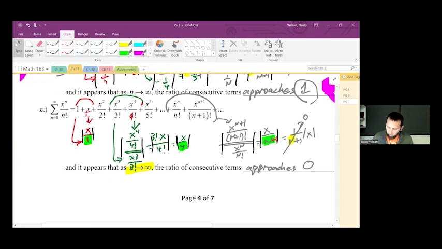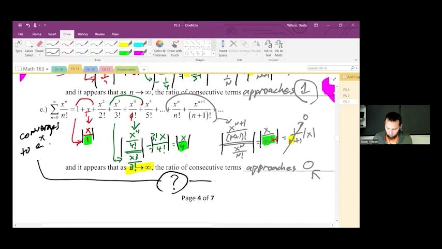So here, we're going to approach 0, and we know that this series we're working with converges to e to the x, although we're not quite sure when. So we're not 100% sure at this point what to make of this 0. There's a kind of question mark that goes with this.